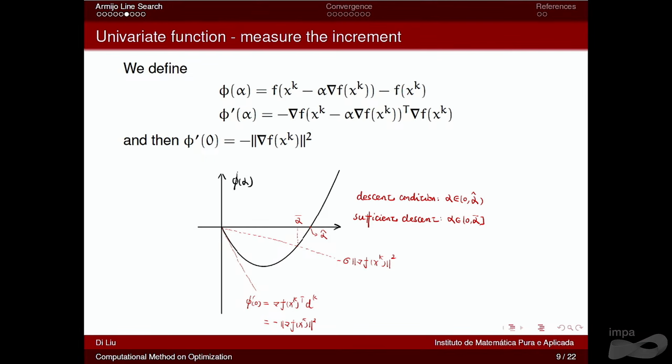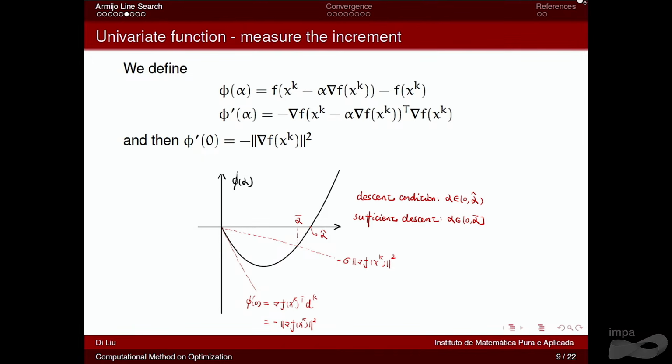Here we define this univariate function again, but now we choose the negative gradient as the direction. Since it's a univariate function, we can calculate the derivative with respect to alpha very easily. We have this, and we can see that phi prime(0) is just the squared norm of the gradient at xk.